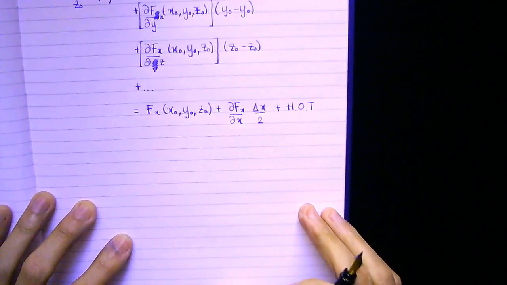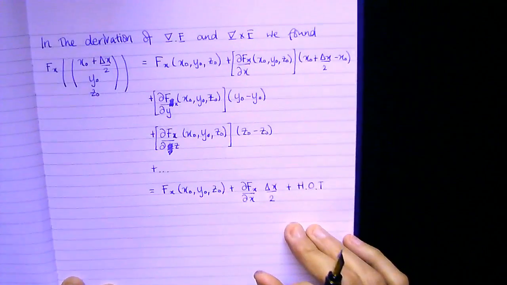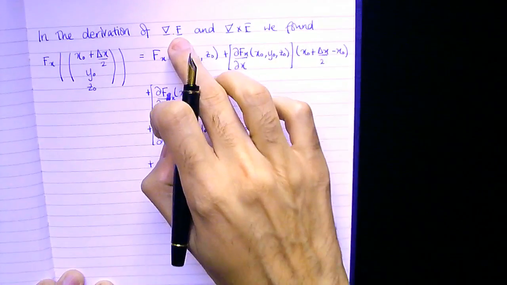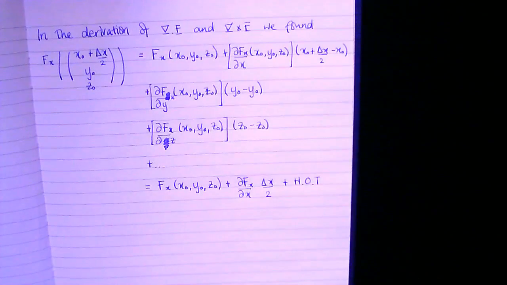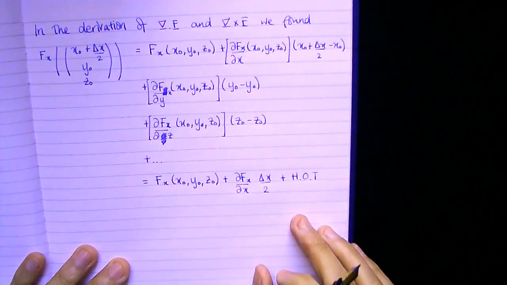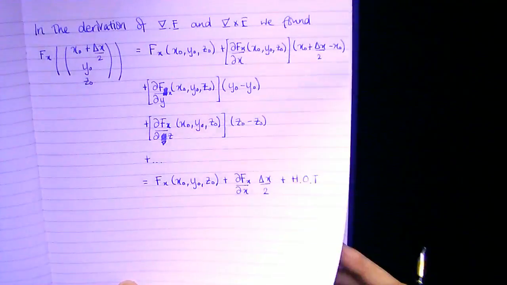And this was the result which we then used in both the derivation of the divergence and the curl. So this was the key result. That explains how we came up with this result, and that's how you do multivariable Taylor series expansions. I want to do one other quick example, just so that it's absolutely explicit how we do multivariable Taylor series. This example is somewhat simpler.